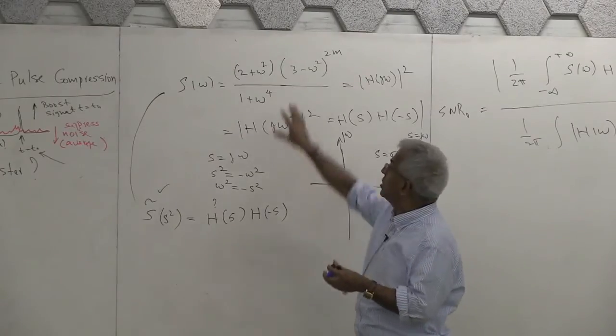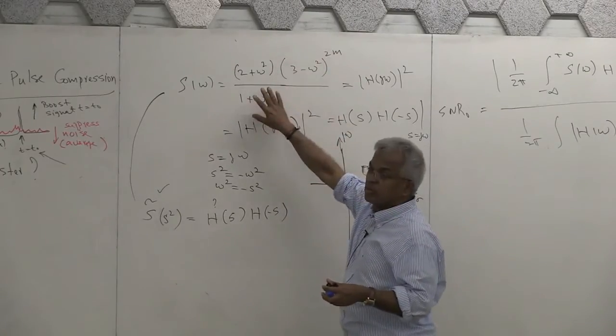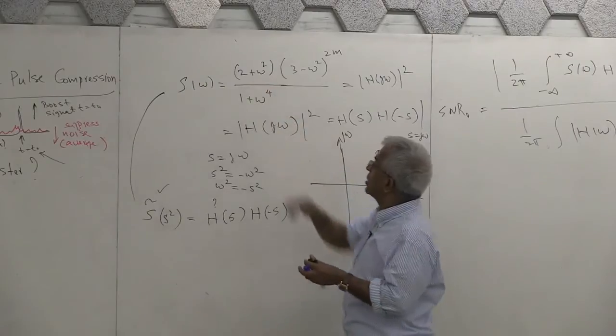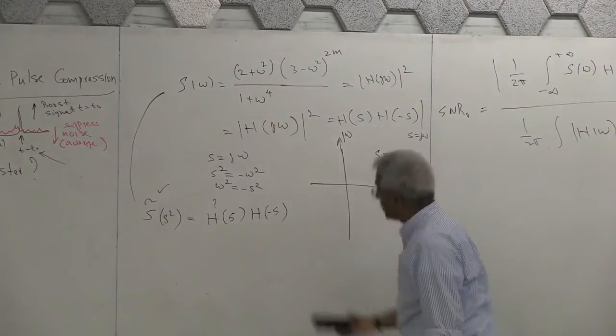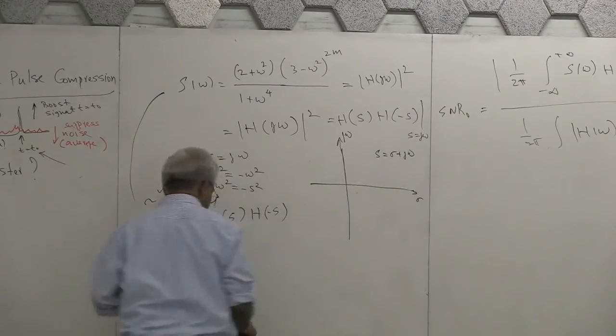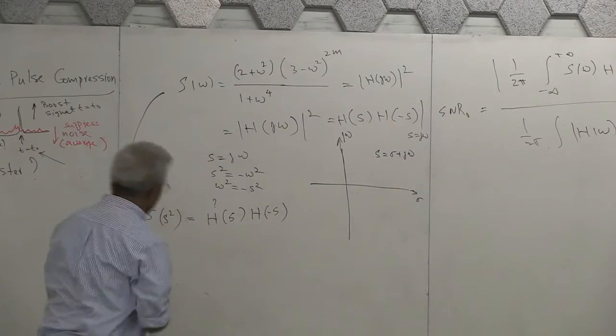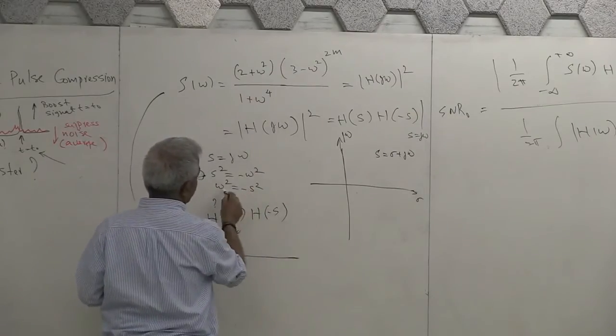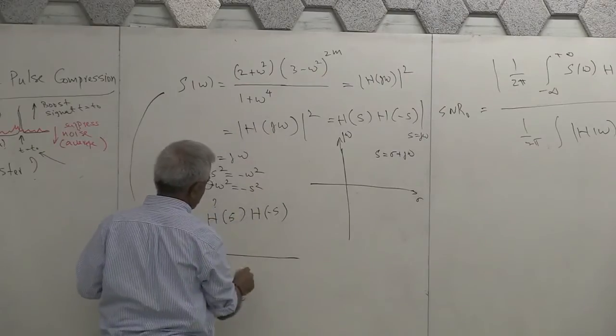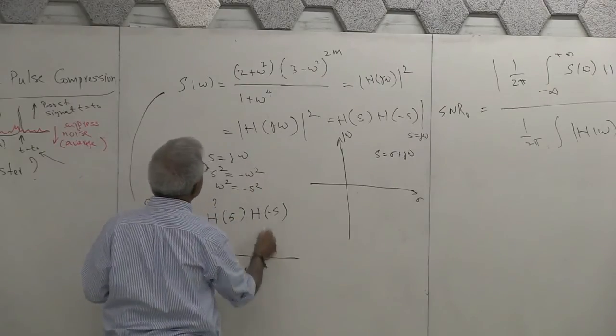So let me plot the zeros and the poles. Let me rewrite this in terms of s squared. Remember, omega squared is minus s squared. So omega to the 4th is s to the 4th, so this is 1 plus s to the 4th.